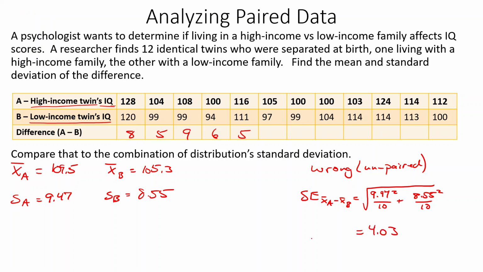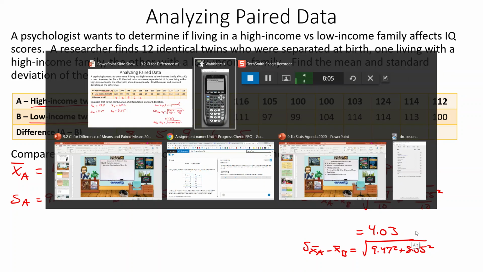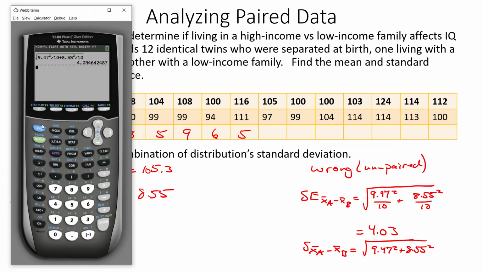All right, or the other thing we could do is we could say that the standard deviation for just the difference, S of X bar A minus X bar B, would be the square root of 9.47 squared plus 8.55 squared. But again, this is not necessarily the right thing to do here.